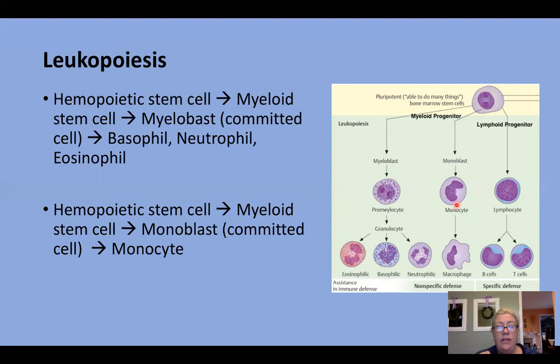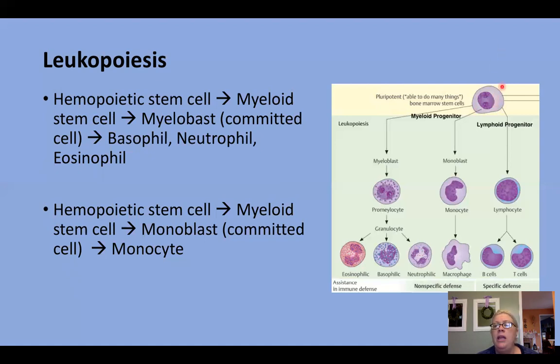So let's look at how these guys are going to undergo development. Well, we have 3 types of white blood cells that are grouped together in this group that's called granulocytes, and we'll talk more about that when we talk about white blood cells. The way that they're going to be produced is that we have this hemopoietic stem cell. Here it's listed as pluripotent. That is a term that is used to describe a stem cell, but this is our hemopoietic stem cell.